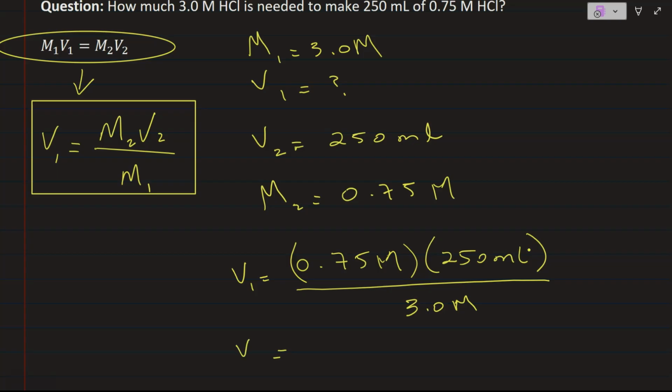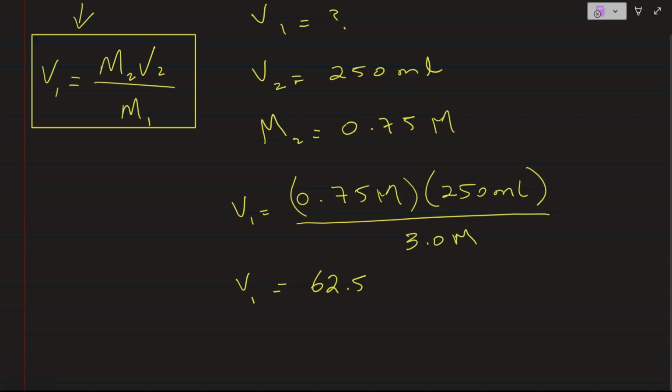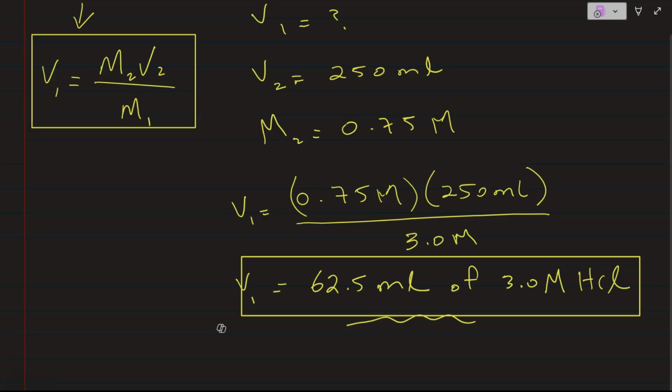Do the math, and we get the volume equals 62.5 milliliter of 3.0 molar hydrochloric acid, HCl. That's our final answer.